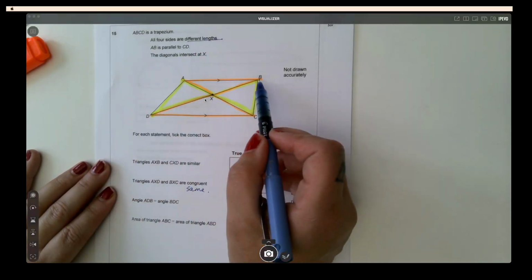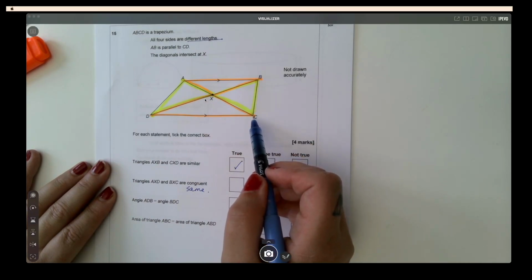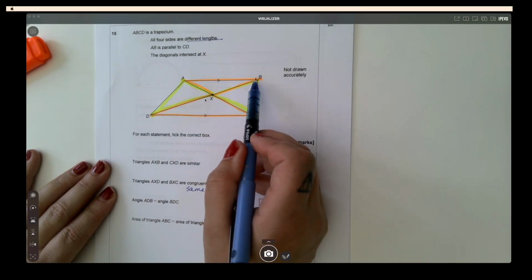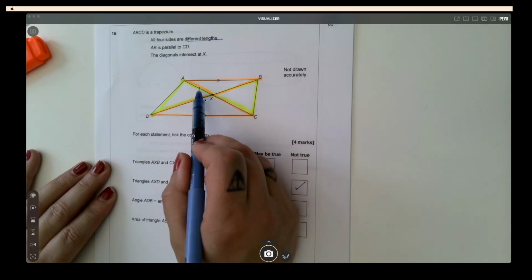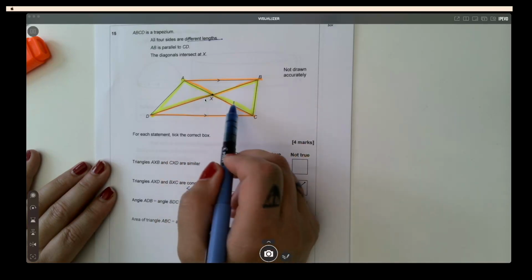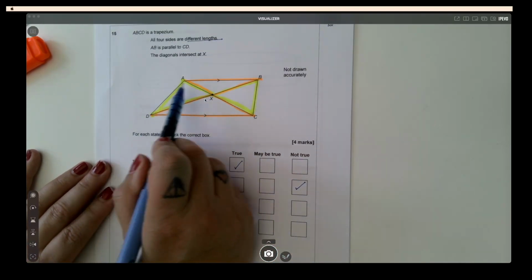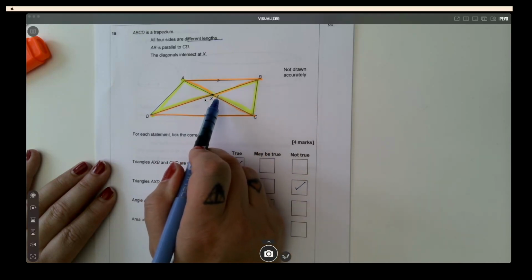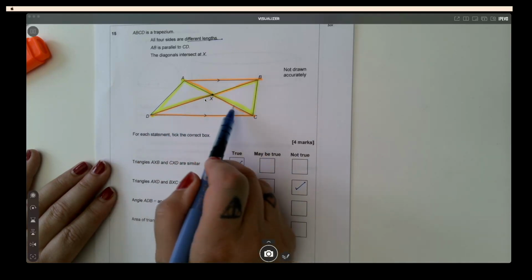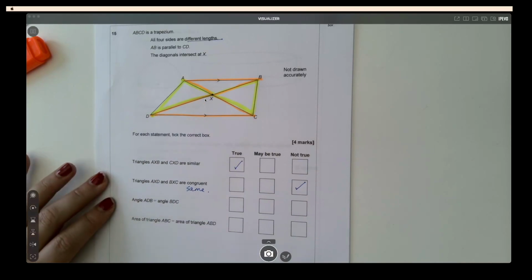So AD is a different length to BC, even though these 2 lengths and these 2 lengths we're not too sure about. So that's not true because all sides are not the same. And if it's congruent, all 3 sides would be the same, not just the 2 sides of each triangle.